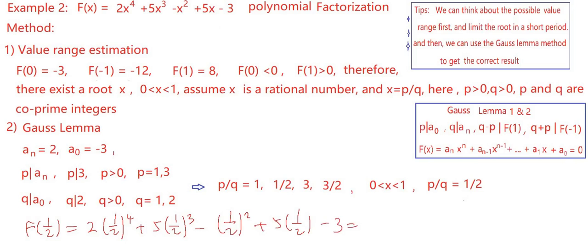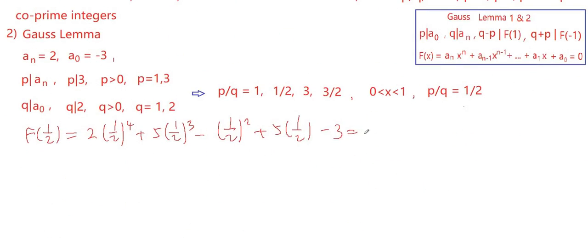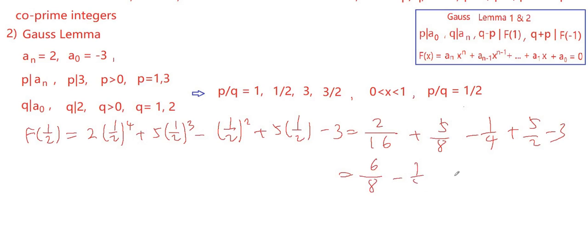And this is the first term, and this is 1 divided by 8. So plus this one is 8, 6 divided by, and this is 3 divided by 4. So it is minus this one, 2 divided by 4.